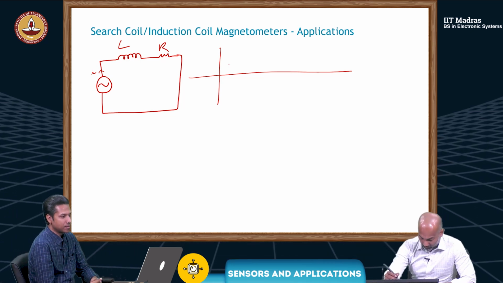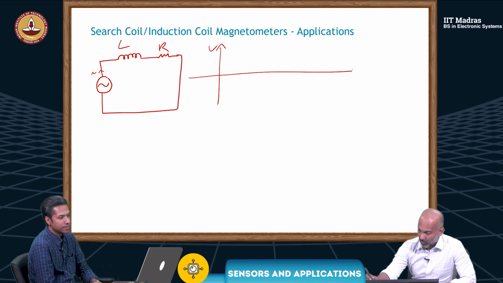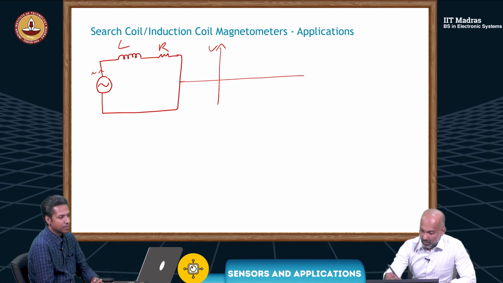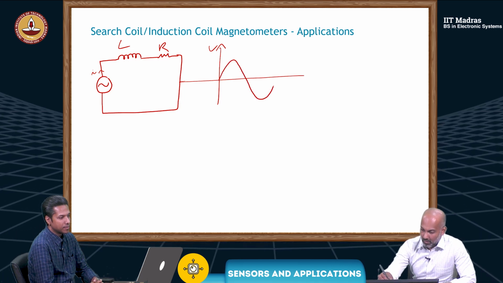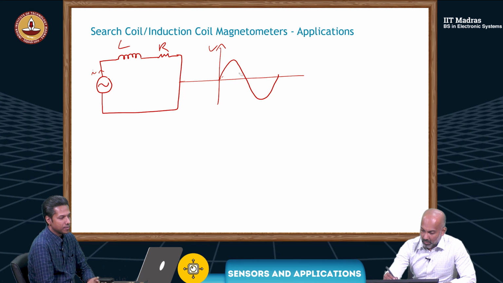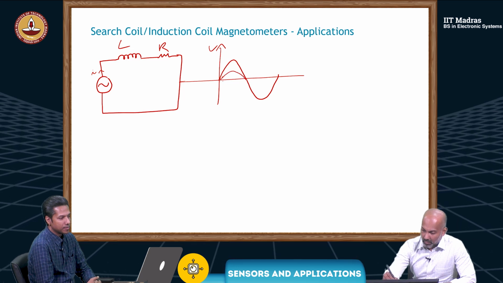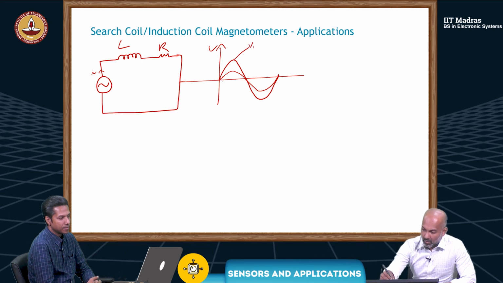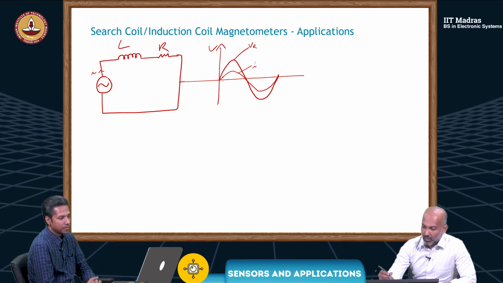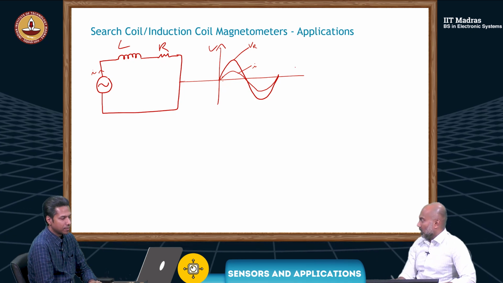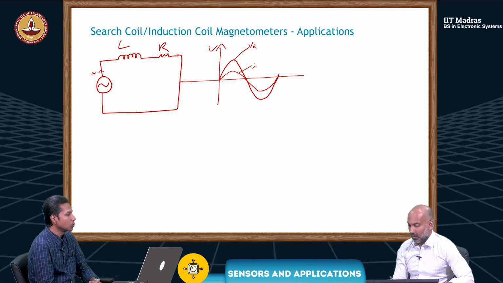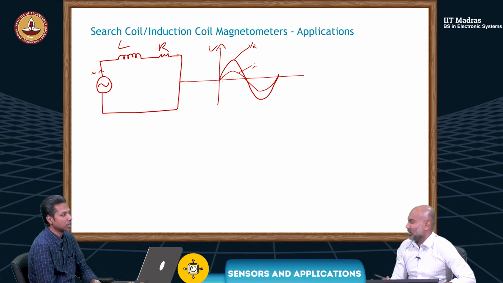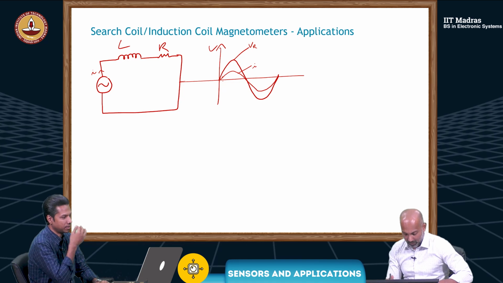Then you'll have V and I. This is your V. This will be the voltage across the resistor, if it's a pure resistor. Assuming it's a pure resistor, yeah, right?